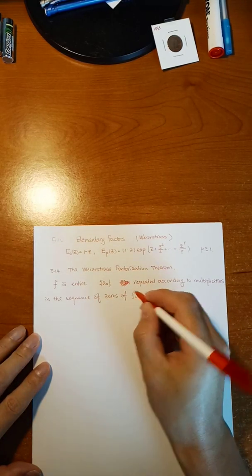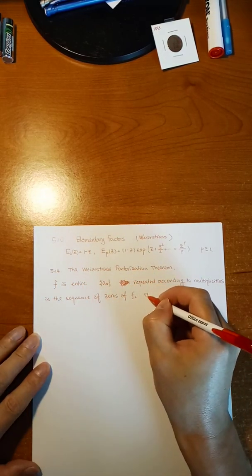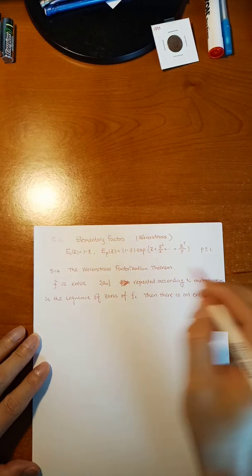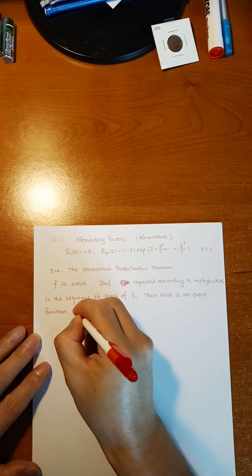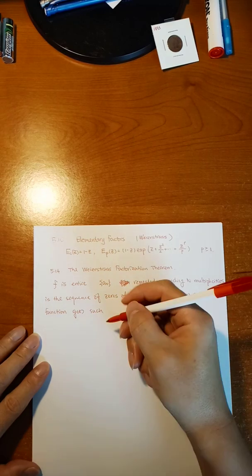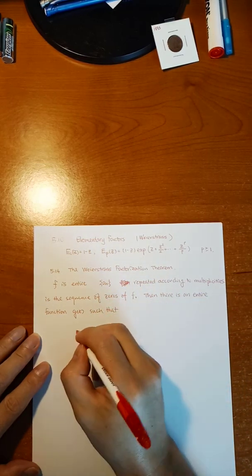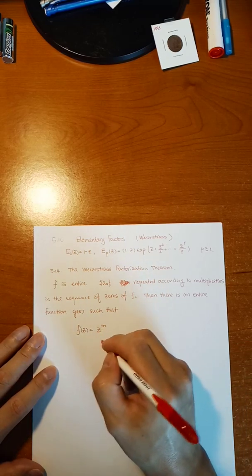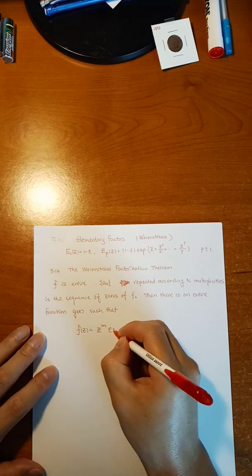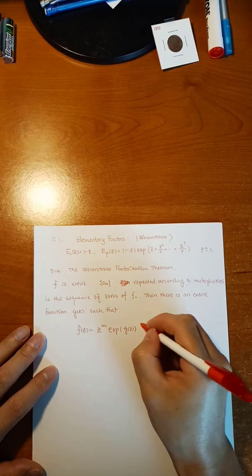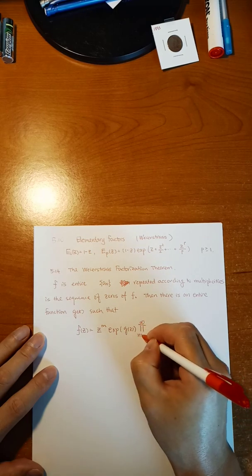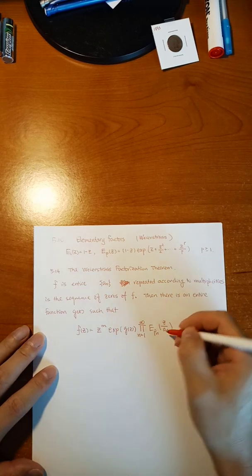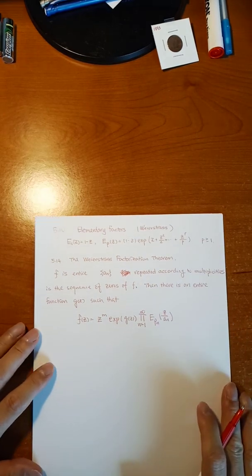This is the assumption. Then the conclusion: there is another entire function g of z such that f of z is equal to z to the mth power, which represents the zero at 0, times the exponential of g of z, times the infinite product from n equals 1 to infinity of E_{p_n} of z over a_n. Here p_n is determined by the function f.